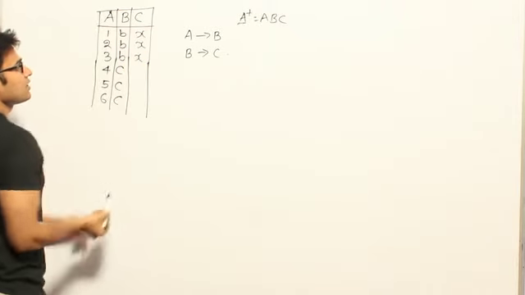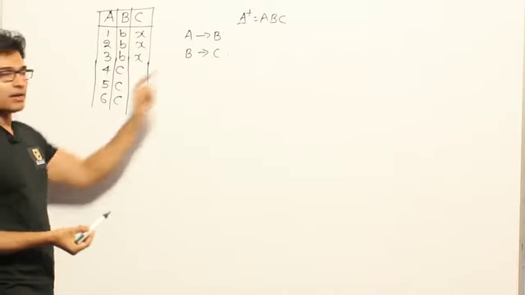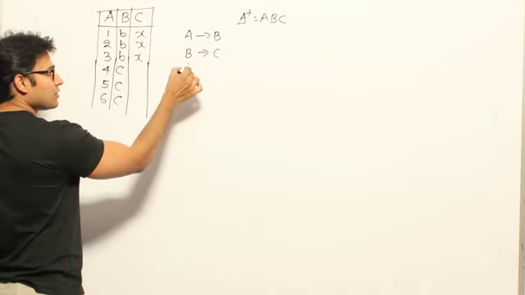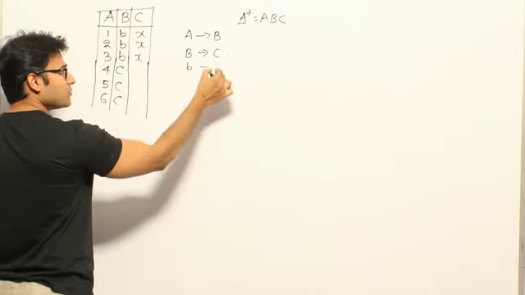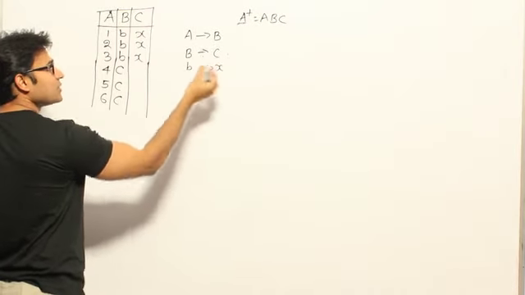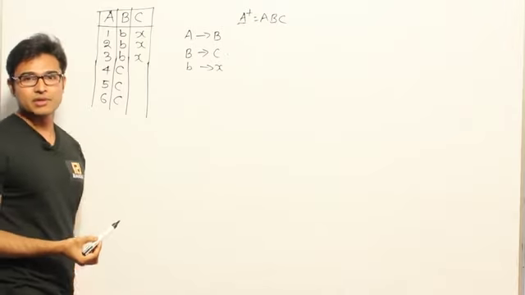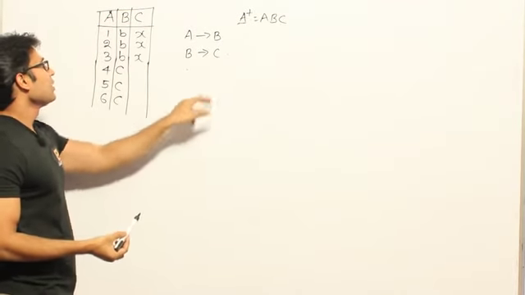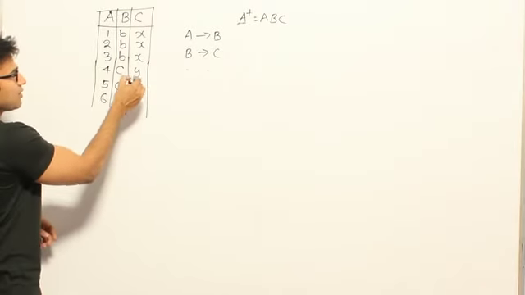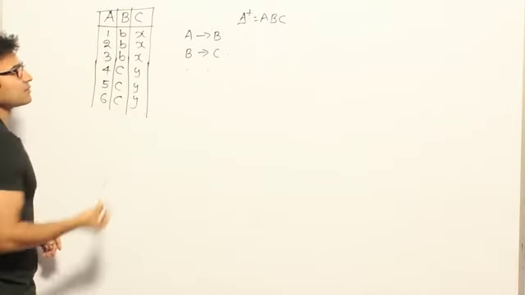Then only we can say that B is determining C. Given that B's value is this one, if they ask what is the value of C, then you can say that it is X always. That is the meaning of determining, right? Okay, now B determines C means this is the meaning. Now similarly, if you say Y is here, then Y will be definitely here.